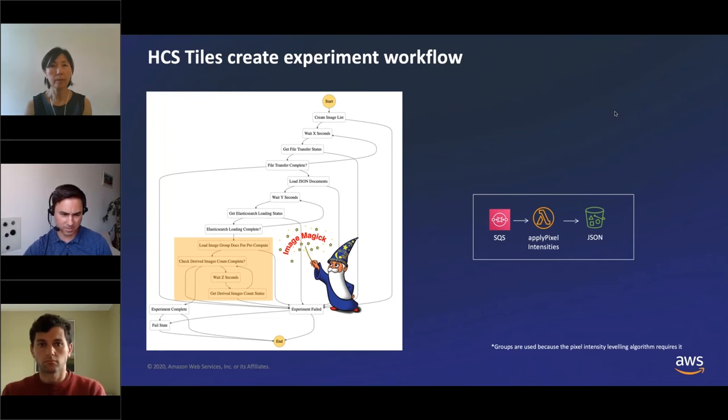And once that's complete, we're actually going to start processing the images with the custom algorithm that we developed. So again, SQS messages get triggered to get consumed by a Lambda function that's running ImageMagick that's actually going to apply a pixel leveling operation on each image with an algorithm that we developed, and then it's going to persist those derived images, these new images, as well as JSON in another bucket. And of course, we're going to poll for completeness.